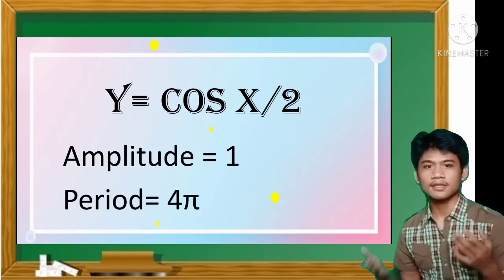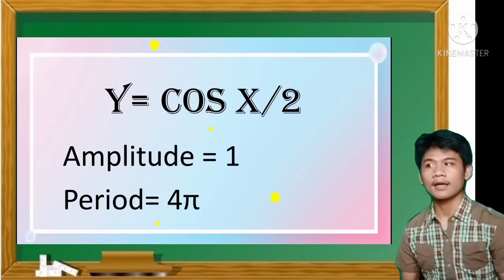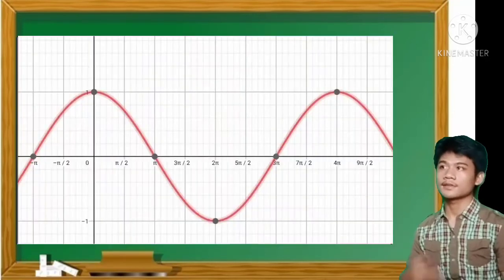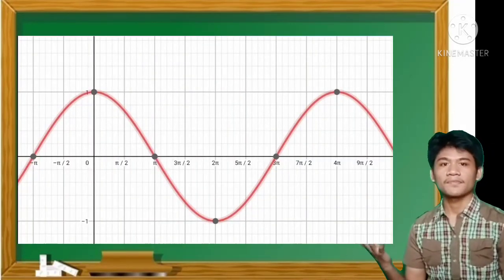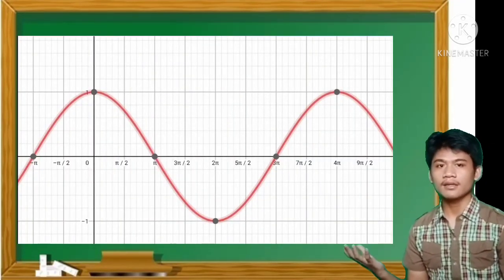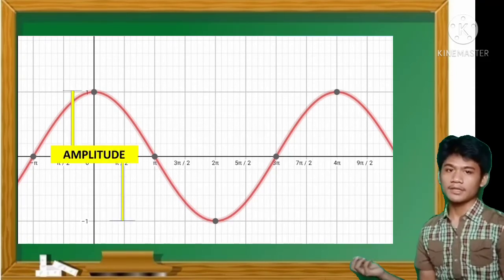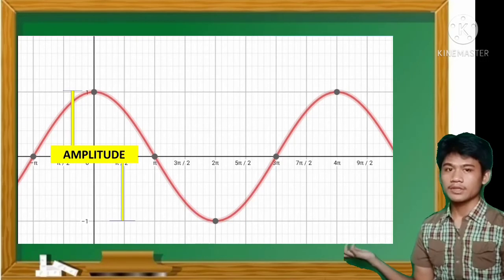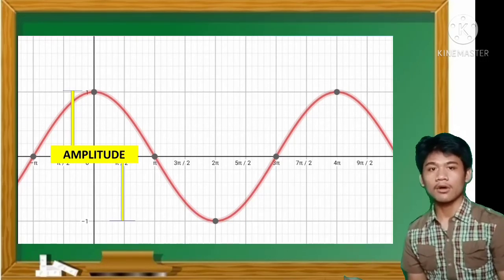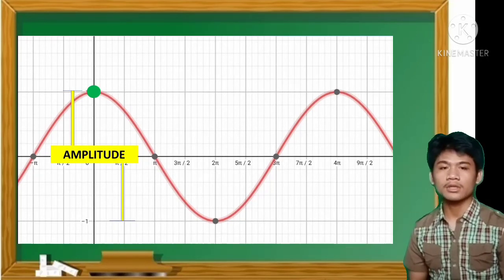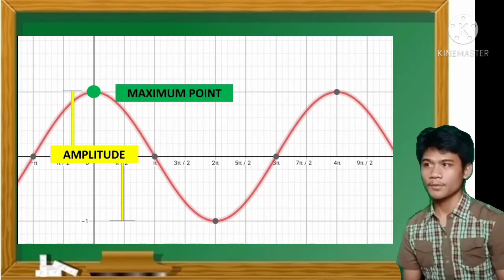Next, let's graph the given function y is equal to cos x over 2. So this is the graph. The yellow line here represents our amplitude. The green point is our maximum point.